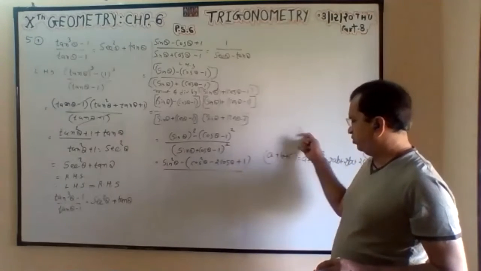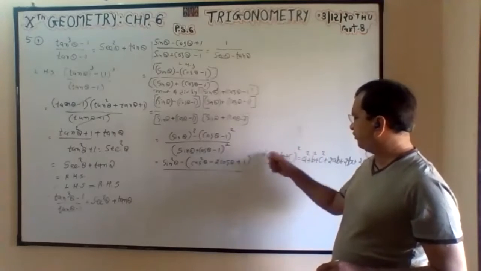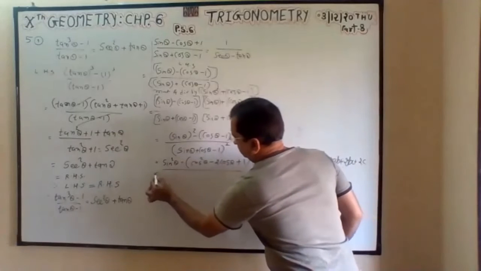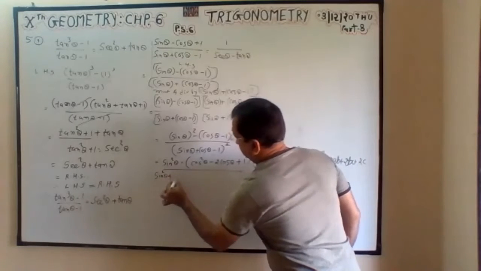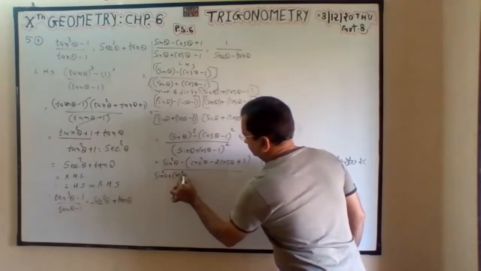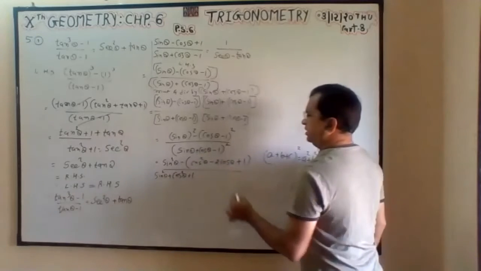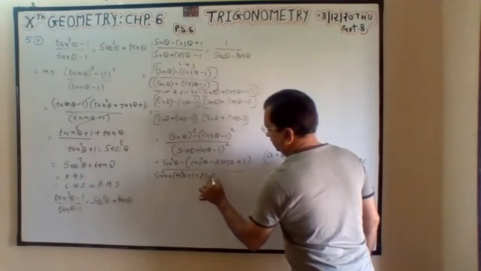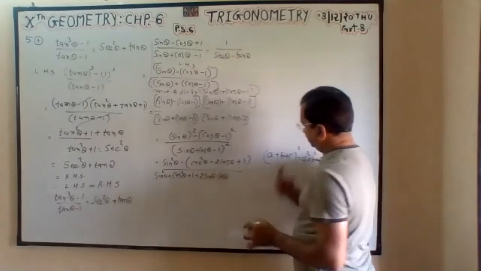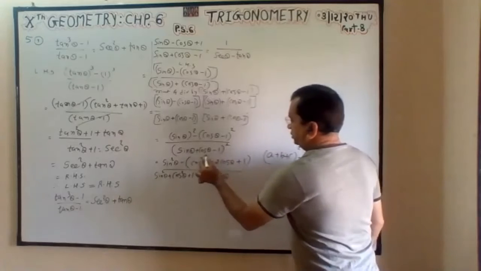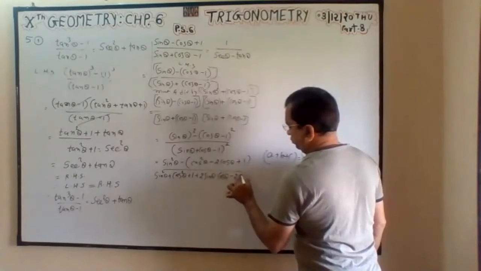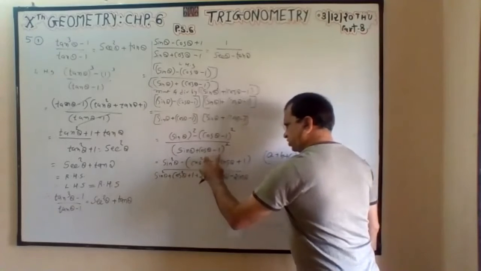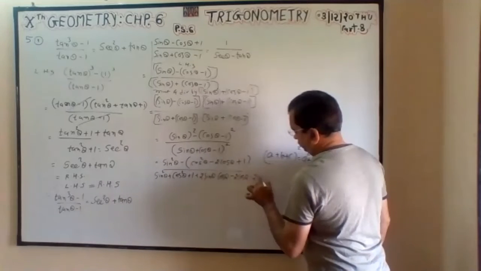Means first into second into 2, second into third into 2, third into first into 2, and square of all the terms. Now first into second into 2: 2 sin theta cos theta. Then minus 2 cos theta, and third and first, minus 2 sin theta.